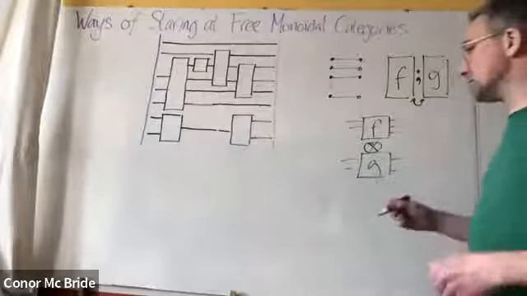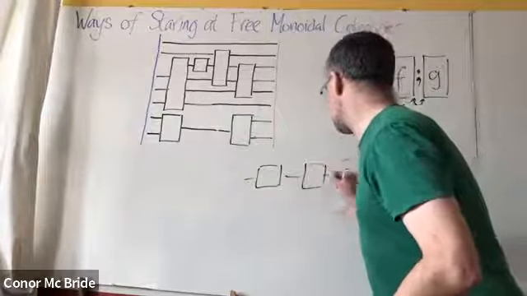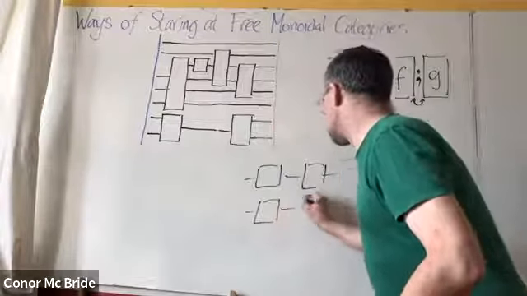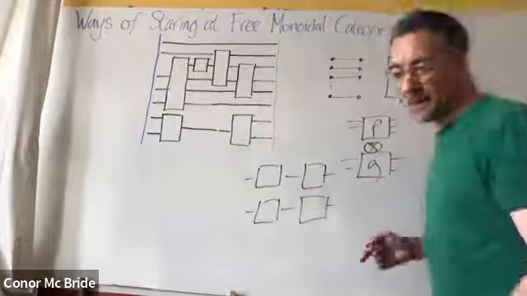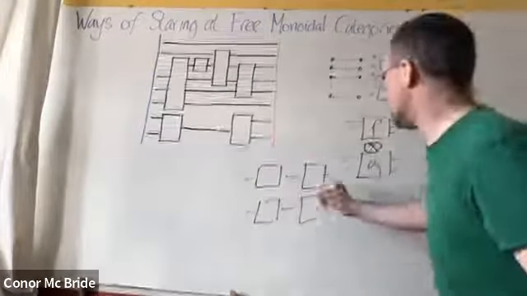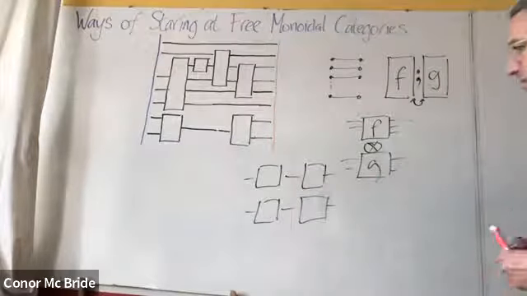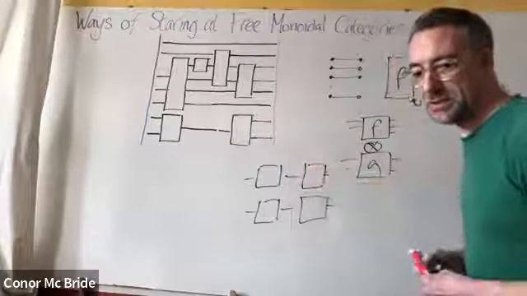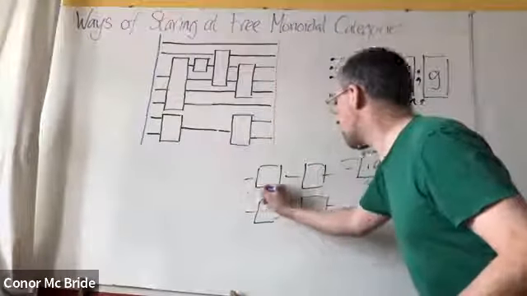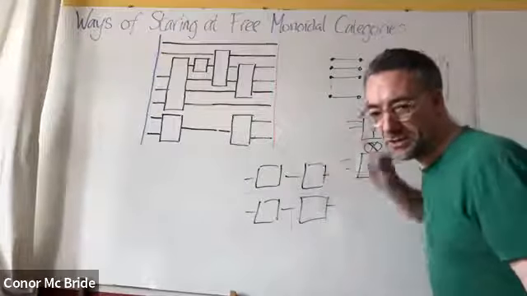So yeah, it's clear that if you have stuff like this and you want to write it down, you could chop it up that way, as a sequential composition of two parallel compositions, or you could chop it up this way, as a parallel composition of two sequential compositions.